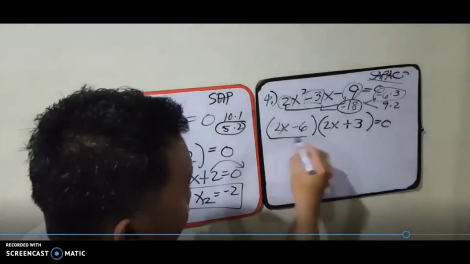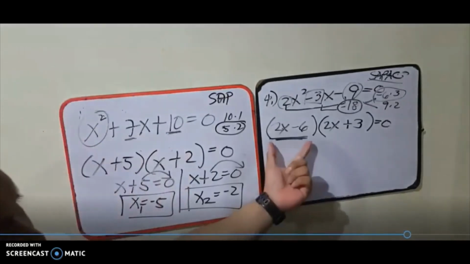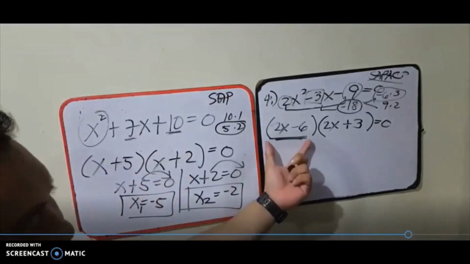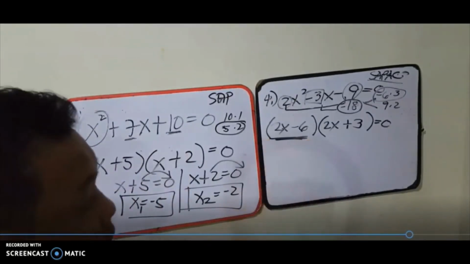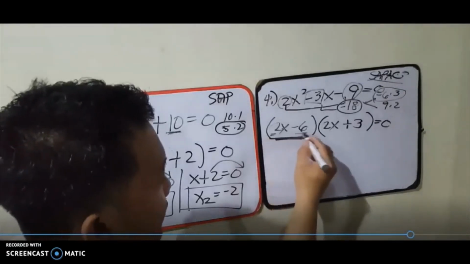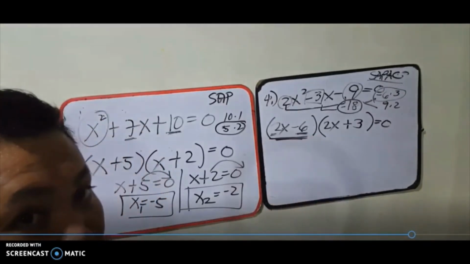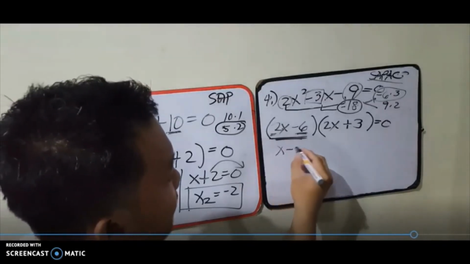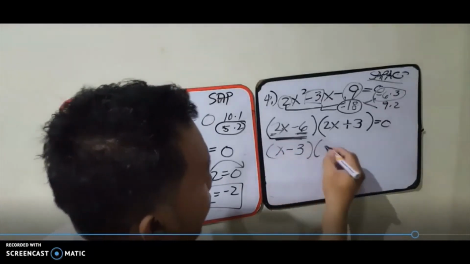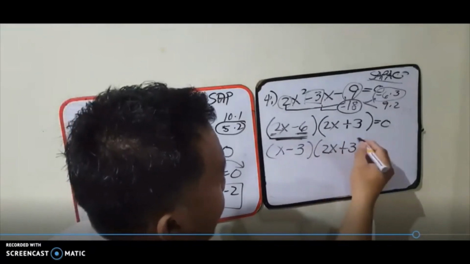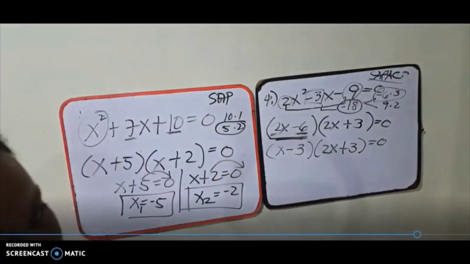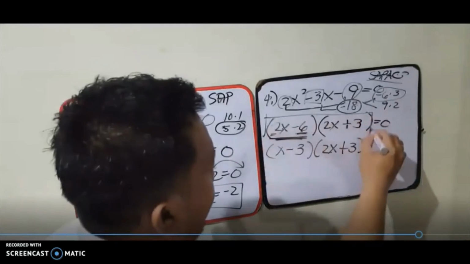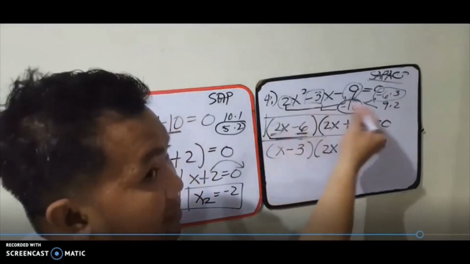But if we look at this binomial factor, it can still be simplified because both 2 and 6 are divisible by 2. So we can simplify it by dividing by 2, and we'll come up with x minus 3 times the quantity 2x plus 3 is equal to 0.